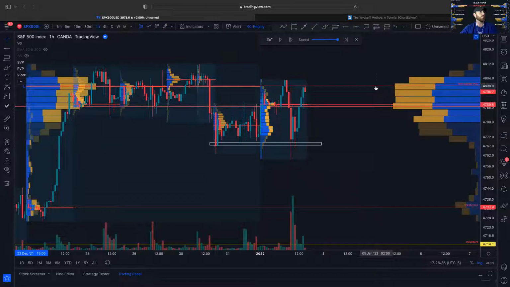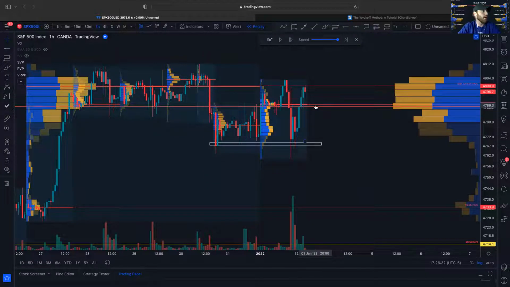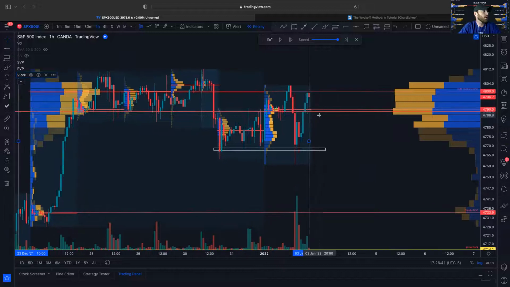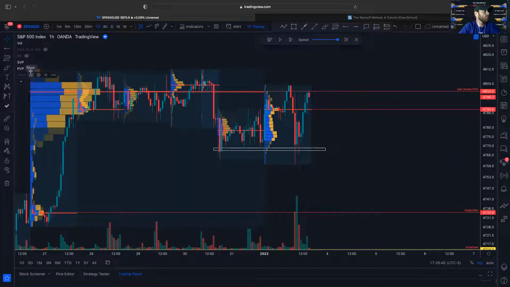If we're talking and then we have this week right here. So we are being patient. This red line is the POC of this. So we'll take this off. We'll take this off. We're looking at the monthly POCs at this point.